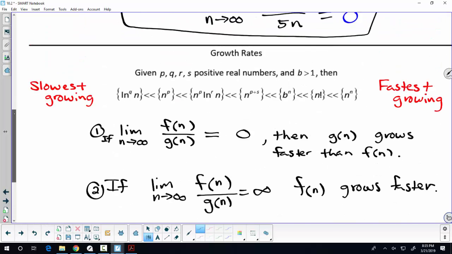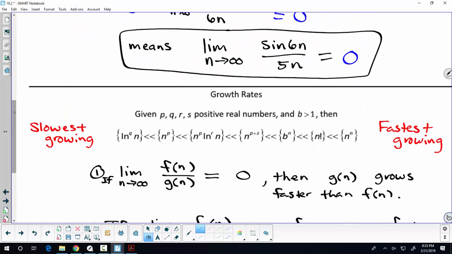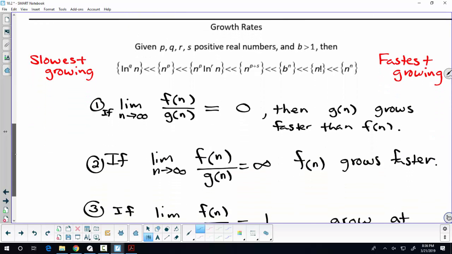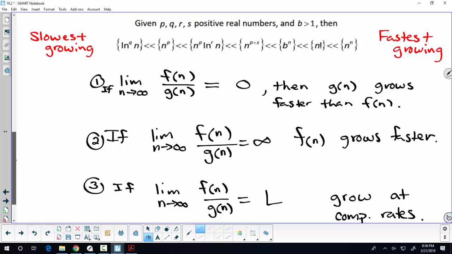So if this is n squared and this is n to the 2.3, then n to the 2.3 grows faster than n squared. Then your exponentials, then your factorial, then your n to the n, which is not really exponential nor a power function. Sometimes people refer to those as tower functions, but those are the fastest growing.